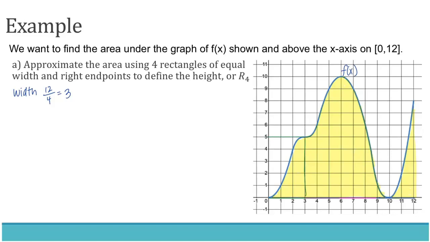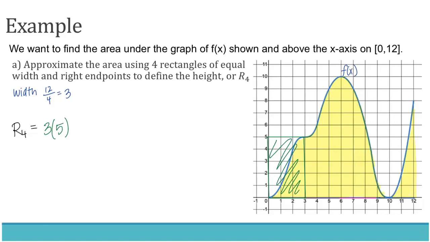So my first rectangle is going to have a base of 3 and a height of 5. So far, what I have here is that R4 is equal to a base of 3 times a height of 5. So we can calculate the area of this first rectangle using the formula base times height.